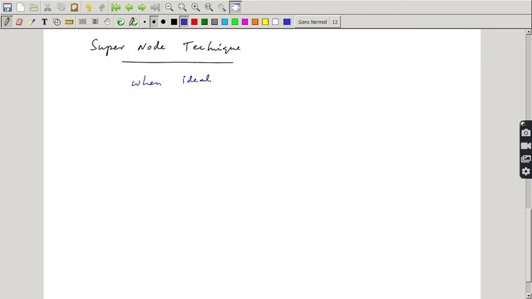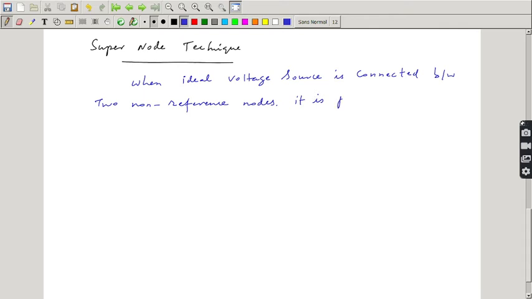When an ideal voltage source is connected between two non-reference nodes, it is possible to find the solution by using the super node technique.